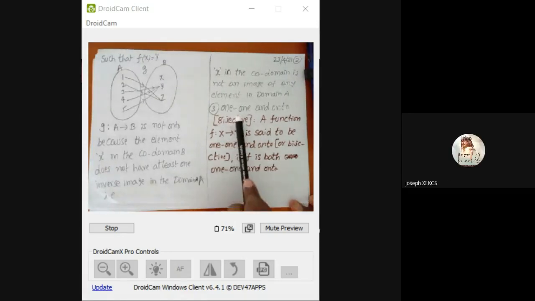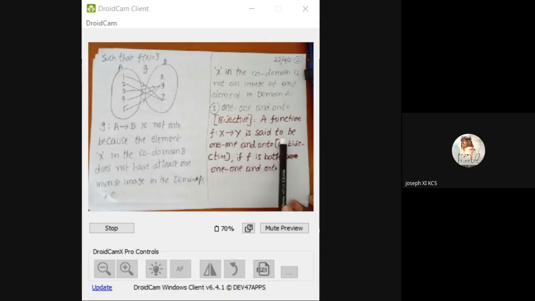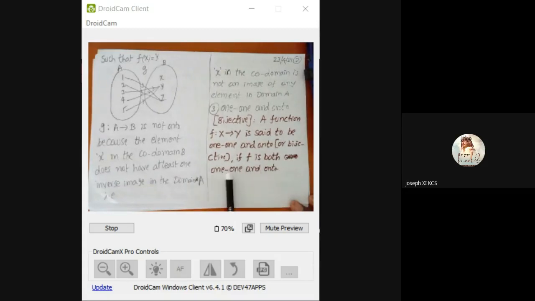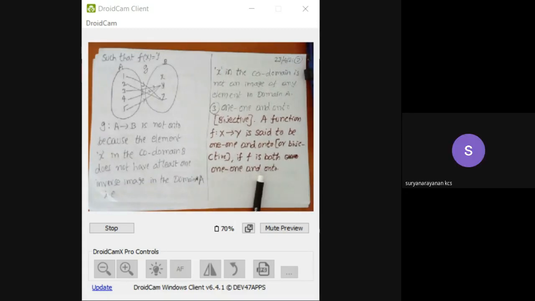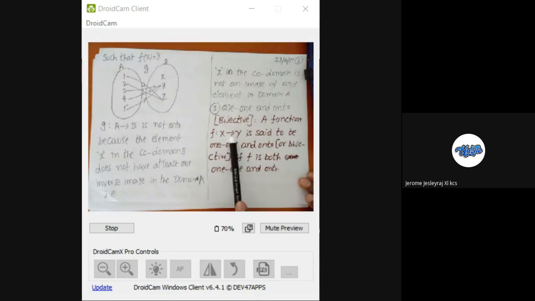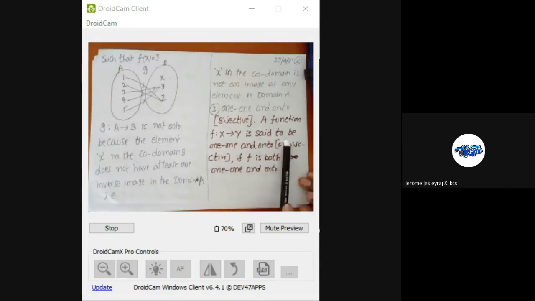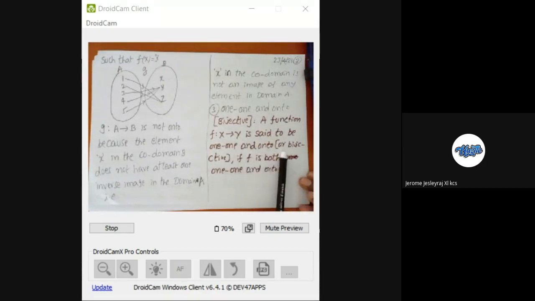A function f is a mapping from x to y is said to be one-one and onto or bijective if f is both one-one and onto. Next, Jiram Jasniraj. A function f mapping from x to y is said to be one-one function and onto function or bijective function if f is both one-one function and onto function. Very good.